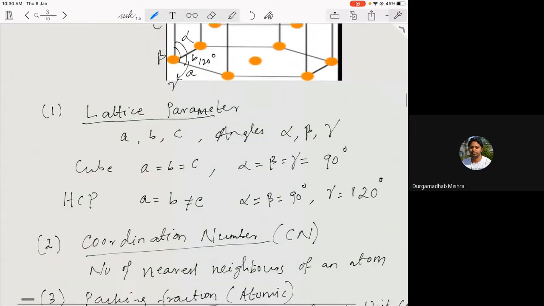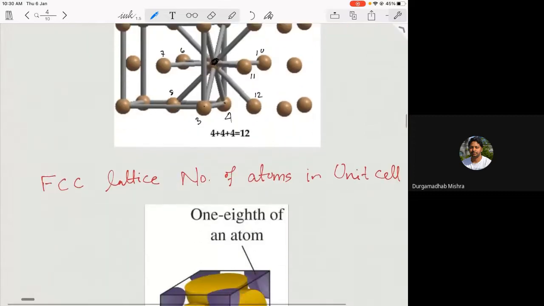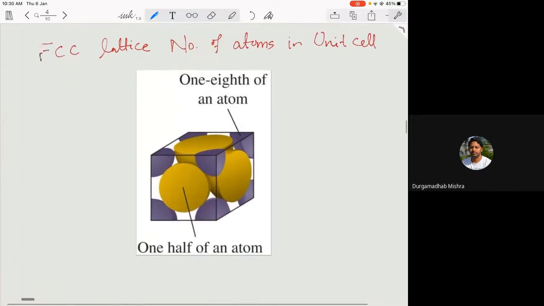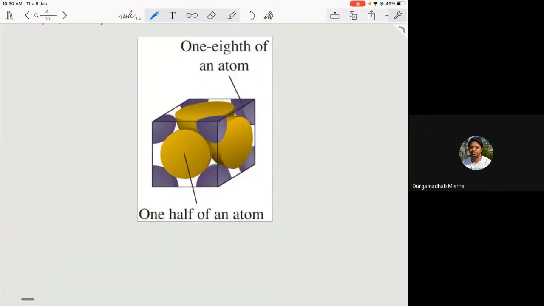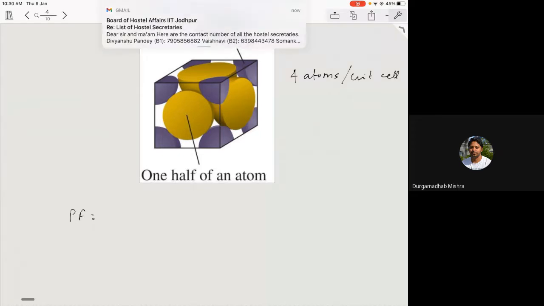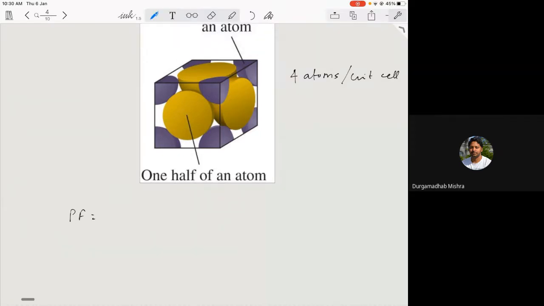Now how do we calculate the packing fraction in this case? You have 4 atoms per unit cell. So to calculate the packing fraction, we have 4 atoms per unit cell, and each atom, let's say, has a radius r, so its volume will be 4/3 pi r cube.